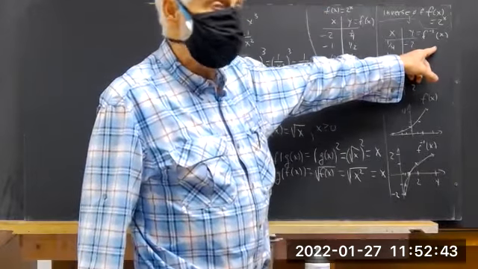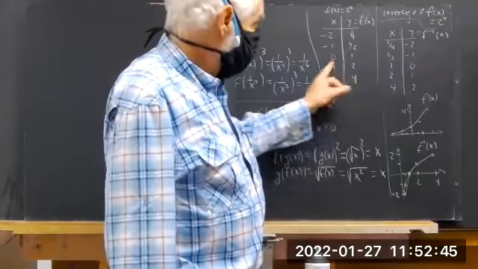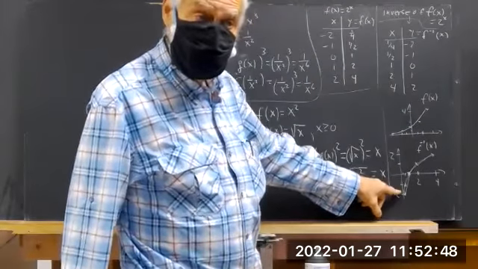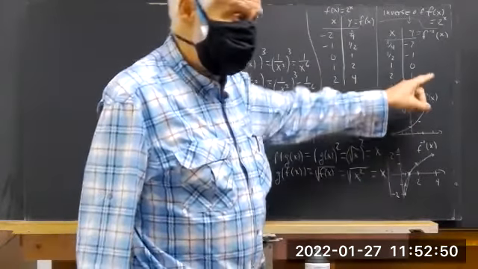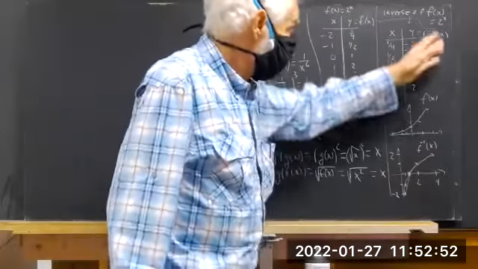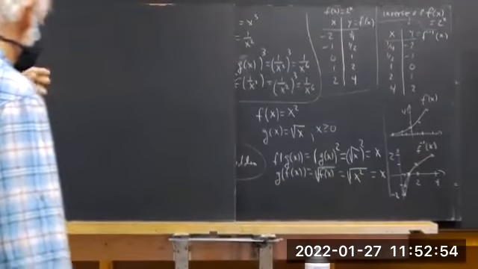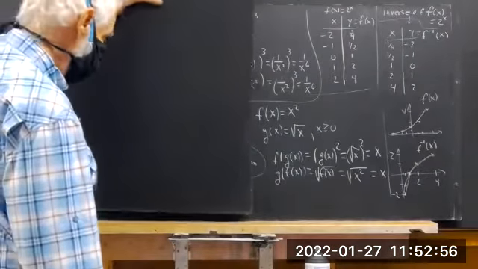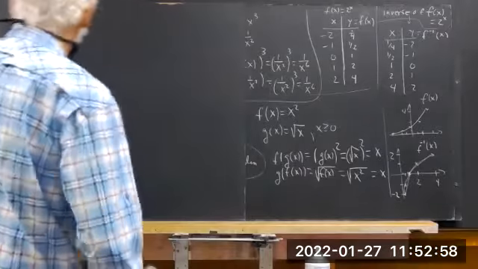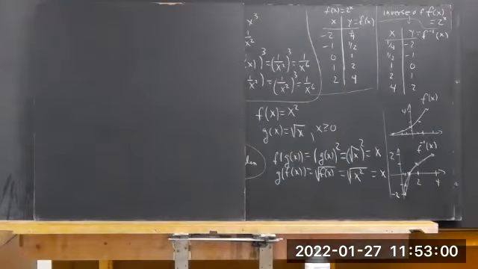You don't know how to write out the rule for the inverse function. You do know how to get a reasonable graph, but you don't know how to do the algebra to get an expression for the inverse function. However, there are a lot of things you do know. So let's just illustrate this. Let's see the whole board here.